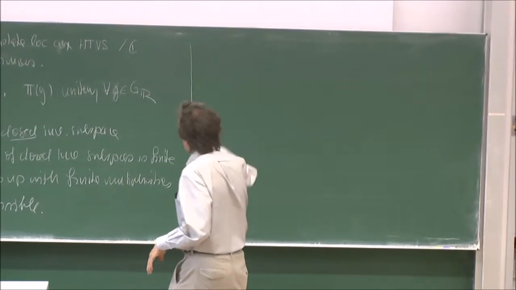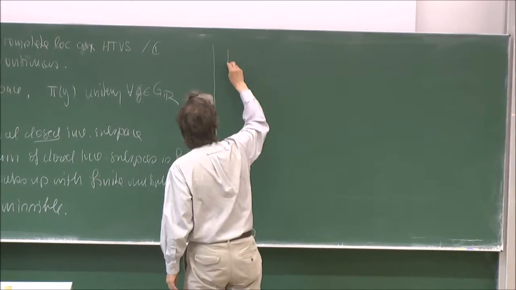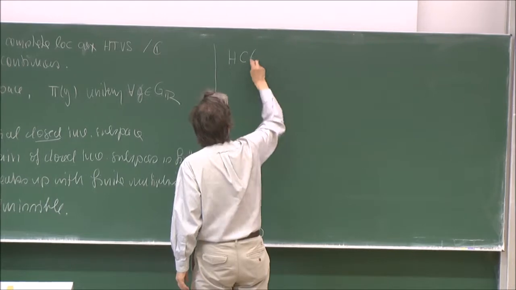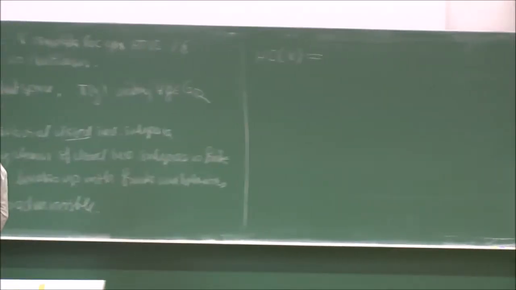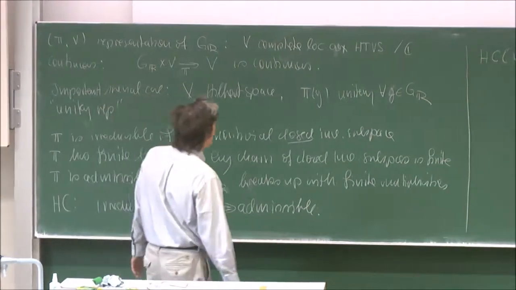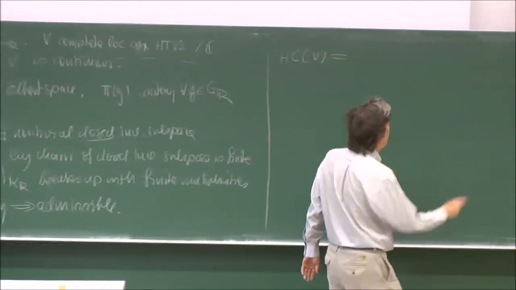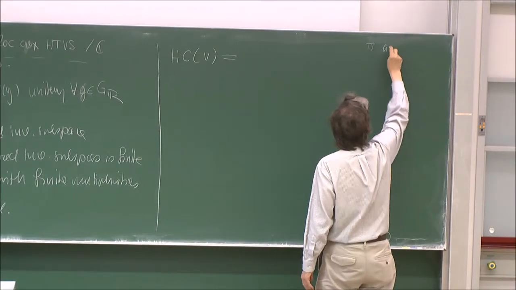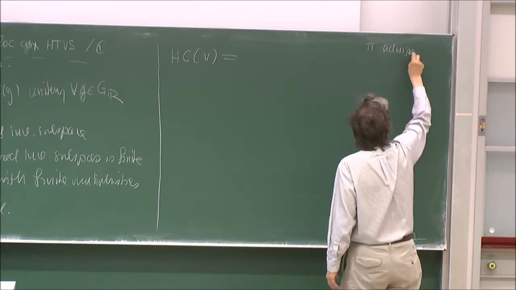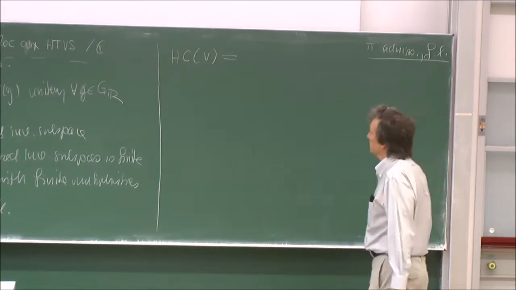And so this construction, of course, is due to Harish-Chandra. So let me define HC of V. So V is now a representation on a complete locally convex Hausdorff space, and so pi should be admissible of finite length. So those are the standing assumptions.